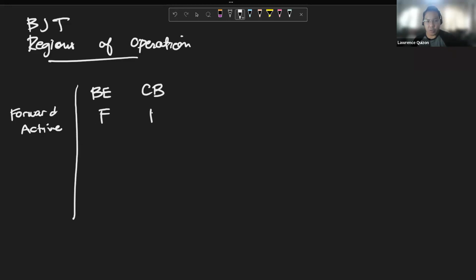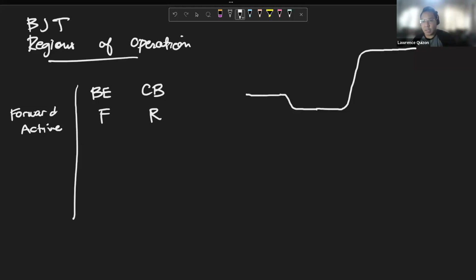Yung CB junction is reverse biased, no? Because in forward active, kailangan the current, no? The carriers rather. So let's say pag ganun siya.